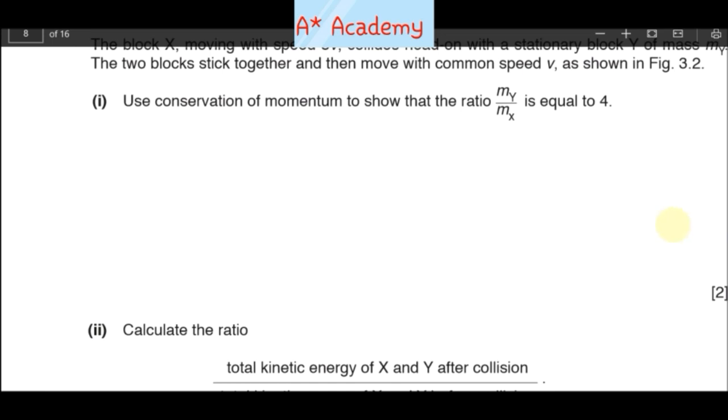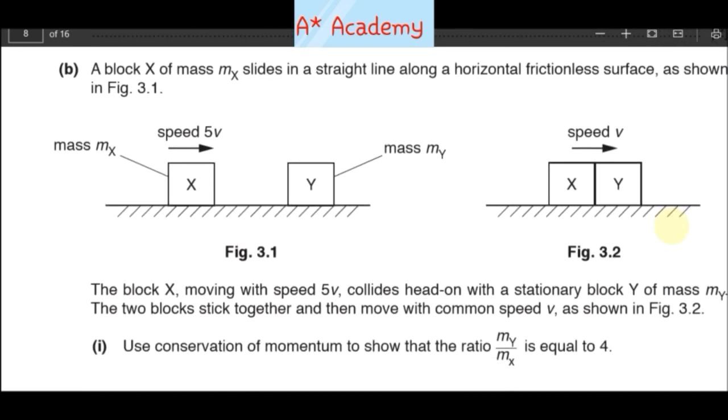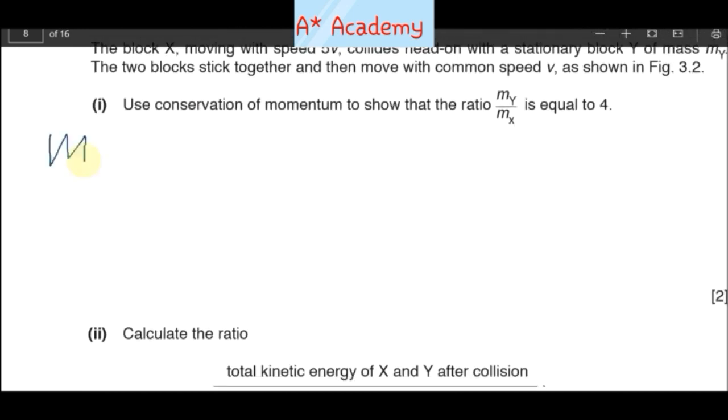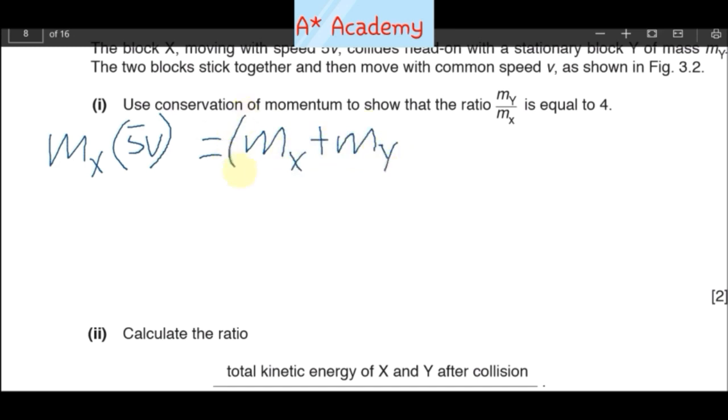Right, so what is the momentum before collision? Before collision, we have mass x times 5v. After collision, however, we have the two masses stuck together and moving at a common velocity of v.